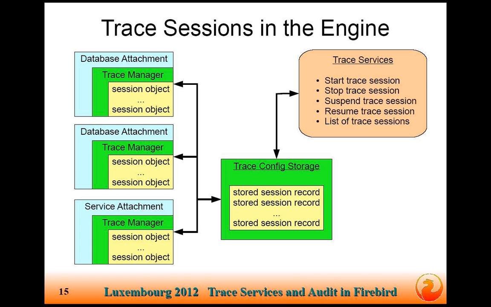Every database attachment or every service attachment has a special object called the trace manager. This trace manager also works with the trace configuration storage. When the trace manager detects that the trace configuration storage was changed, it consults it and looks at the stored session records, and if necessary, it creates a session object in memory, and this session object is the object to which the trace manager passes events that happen in the database.